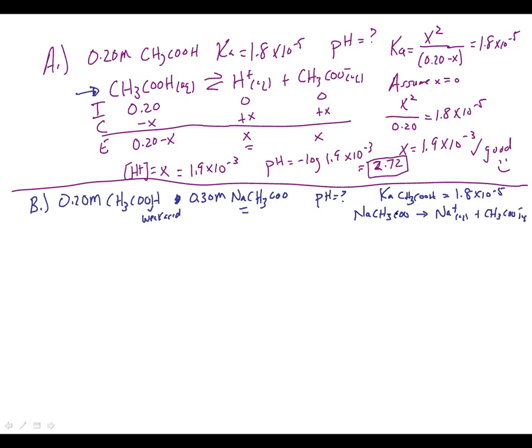So again, just to be clear, this guy will not set up an equilibrium because it's a strong electrolyte. So in solution, really the only guy that is setting up an equilibrium is our acetic acid. And it would be the exact same equilibrium or reaction that we had above.